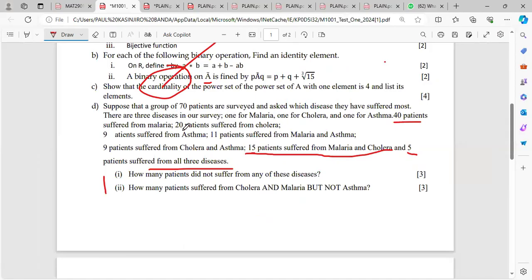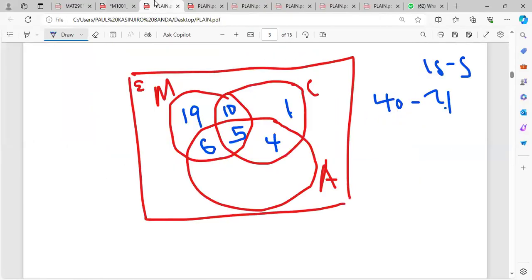Okay, so I'm going to use 30 there on the asthma, because this 9 won't make sense. So let's add whatever we have there. We have 6 plus this, which is 10, plus this 15. So 30 minus 15, you're going to get 15 here.